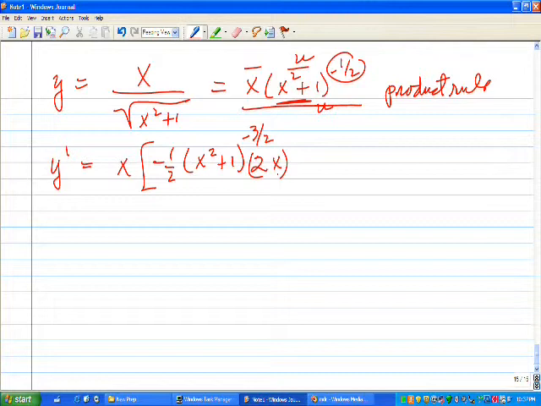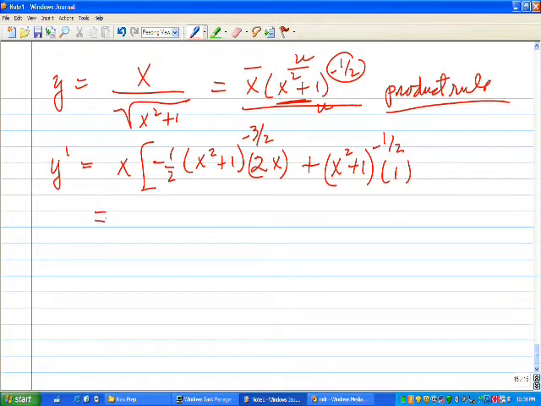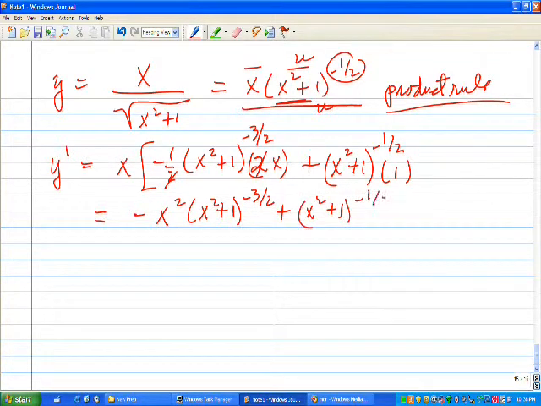Then to complete the process, we have to complete the product rule, which would be the second, which is x squared plus 1 to the minus 1/2 times 1. And this equals, canceling out our 2 here, we're going to have minus x squared times x squared plus 1 to the minus 3/2 plus x squared plus 1 to the minus 1/2.